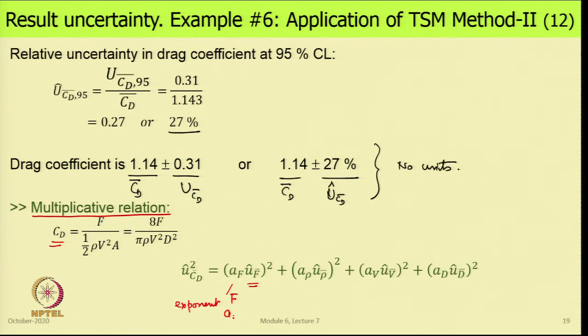So, A f is equal to 1. Similarly, we add 3 more terms, one for density, one for velocity, one for diameter. For density, A rho is equal to minus 1, A v is equal to minus 2 and A d is equal to minus 2.